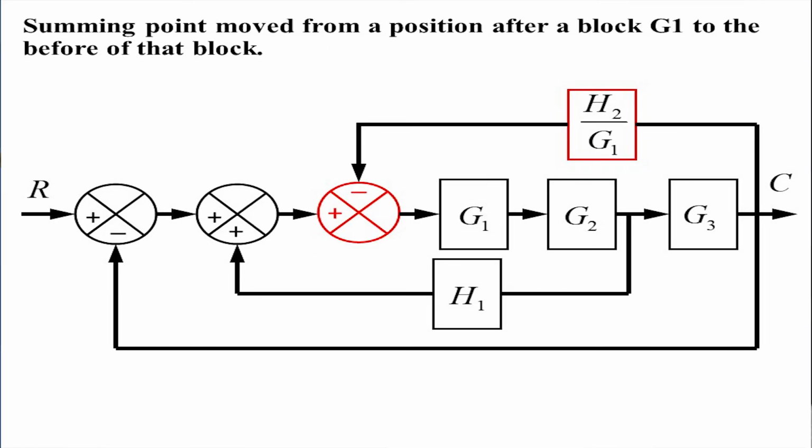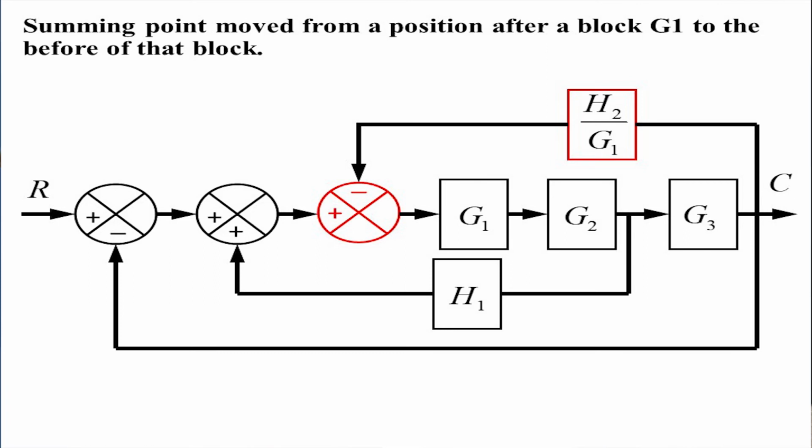Now what you are seeing is that we can move the summing point from a position after the block G1(s) to the position before the block G1(s). So what will we get? As per the rule, we will get H2 by G1, a new block. Also remember, every time you reduce a block, you have to draw another block diagram.